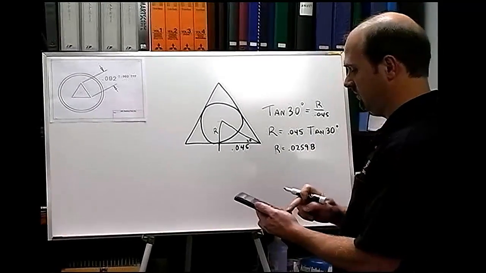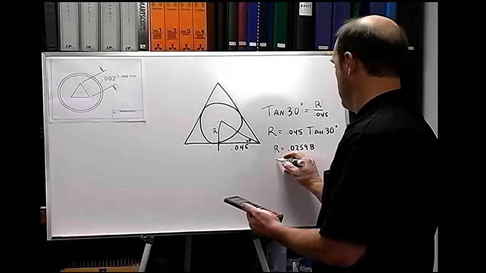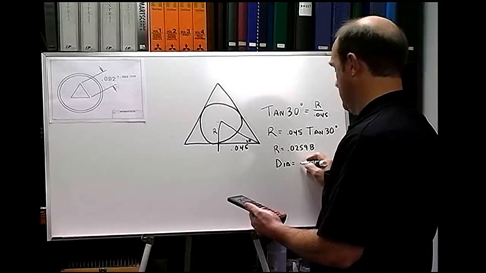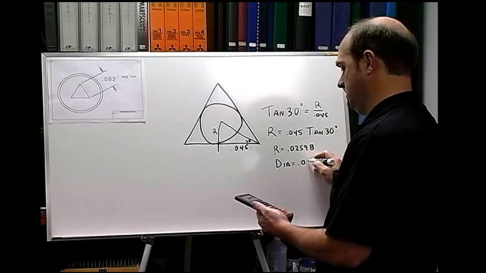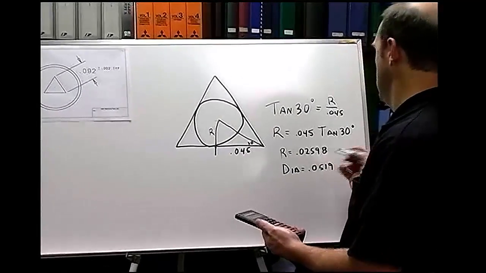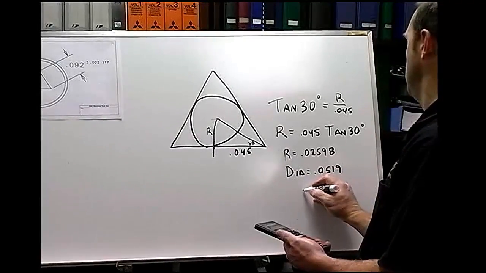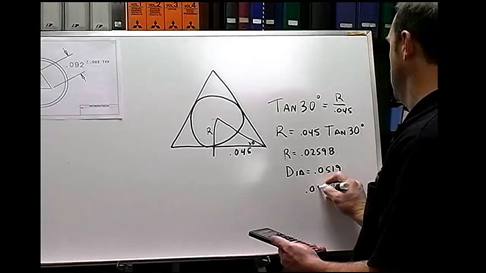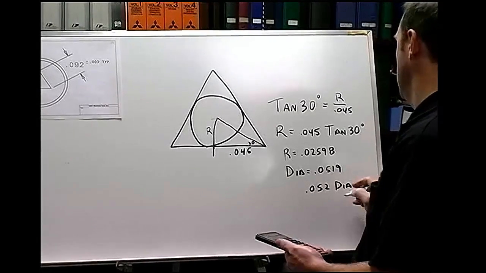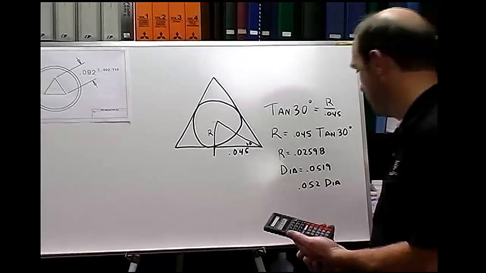So times 2. So the diameter of the pin is 0.0519, which we would round up to 0.052 diameter pin. And that's the low side.